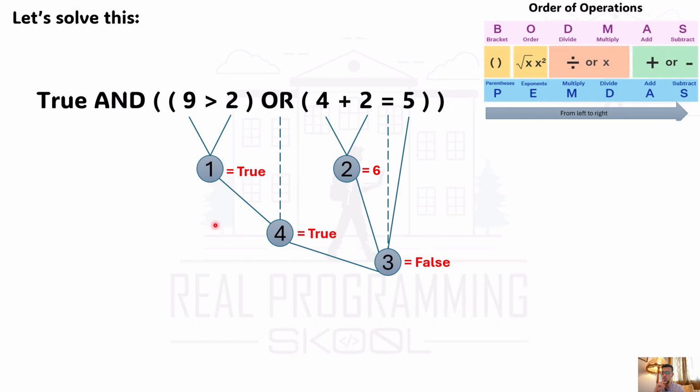True and true gives me true, because in an and operation, both conditions should be true to give true. If one of these conditions were false, it would give me false. We have true and true, so it gives me true. That was the final result for this math expression.